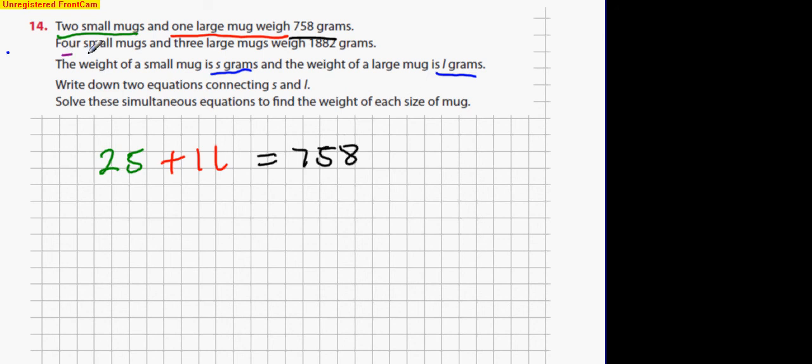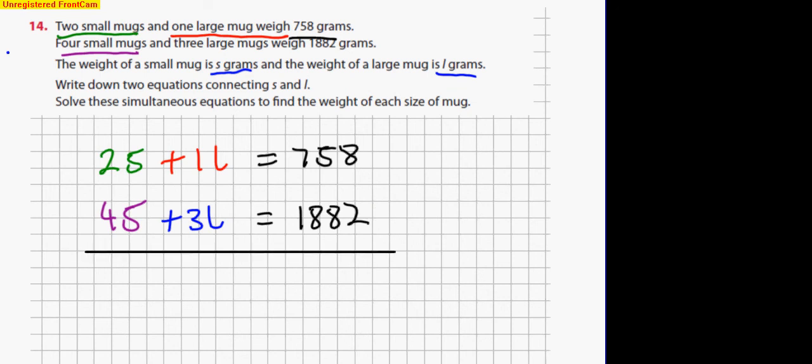Next part, 4 small mugs, that's going to be 4 multiplied by S, plus 3 large mugs, plus 3 times L, and this here equals 1,882.